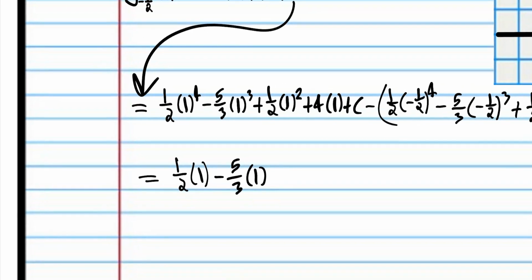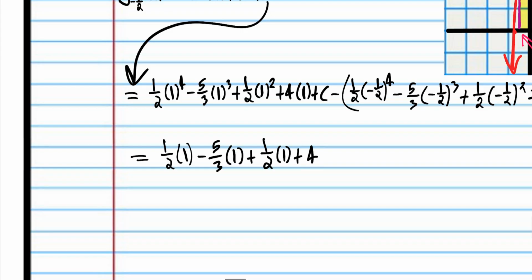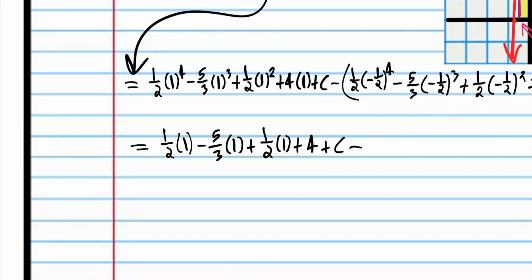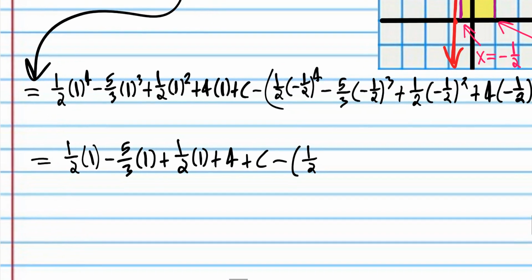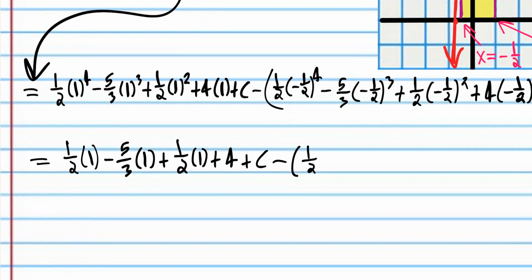And 1 cubed is 1. 1 squared is 1. 4 times 1 is 4. -1/2 to the 4th power is +1/16.